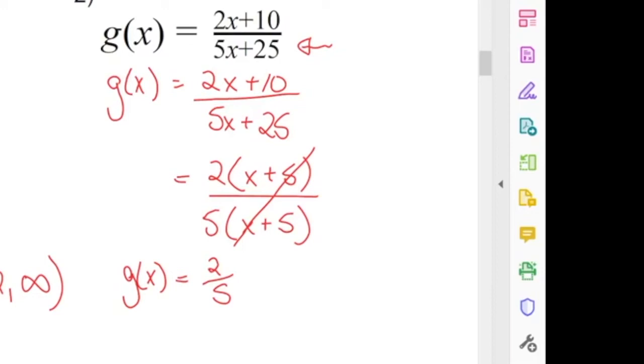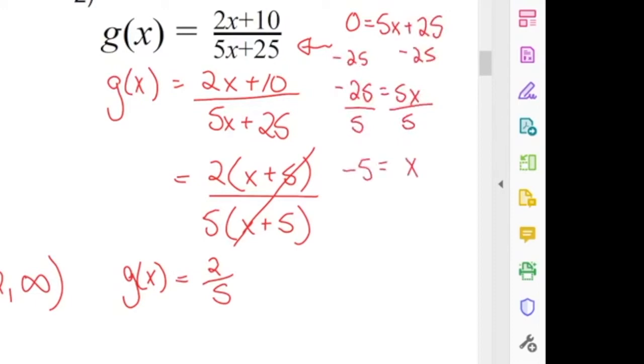And so we will set the denominator equal to 0, and we'll figure out what values do not work. So x could not equal -5. I'm going to answer this one also in interval notation, -infinity to -5, union with -5 to infinity.